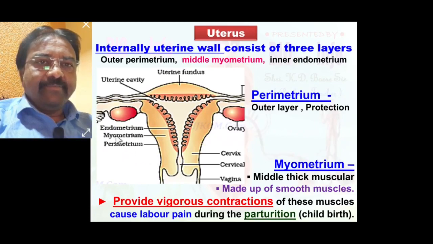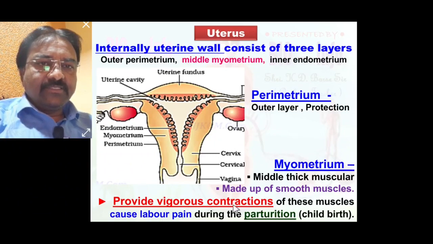So at that time the myometrium, which contains smooth muscles, provides vigorous contraction due to the action of oxytocin hormone secreted by the pituitary gland, and this oxytocin acts on the myometrium smooth muscles. So the myometrium smooth muscles provide vigorous contraction.